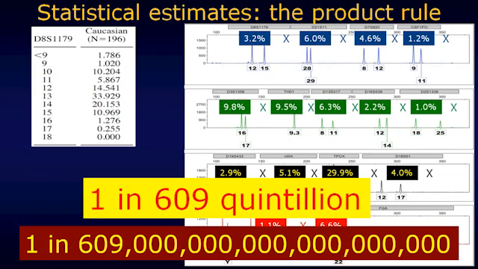That's billions of billions, right? And when I said at the beginning of this video that a 13 or here a 15 locus DNA profile match is exceedingly rare, that is what I meant by exceedingly rare. 1 in 609 quintillion kind of rare. Think again about what that statistic means.